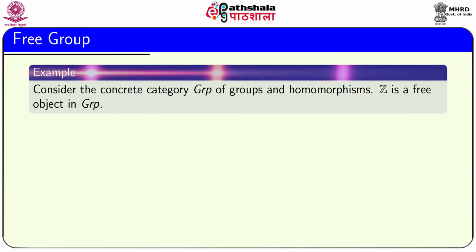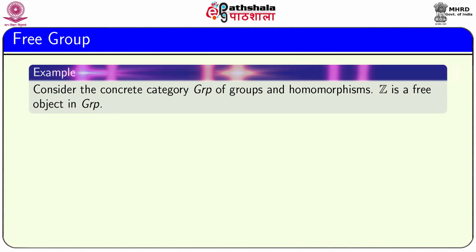Not only that, we shall learn how to construct free objects in this particular category. The infinite cyclic group Z of integers is a free object in the concrete category GRP of groups and group homomorphisms.